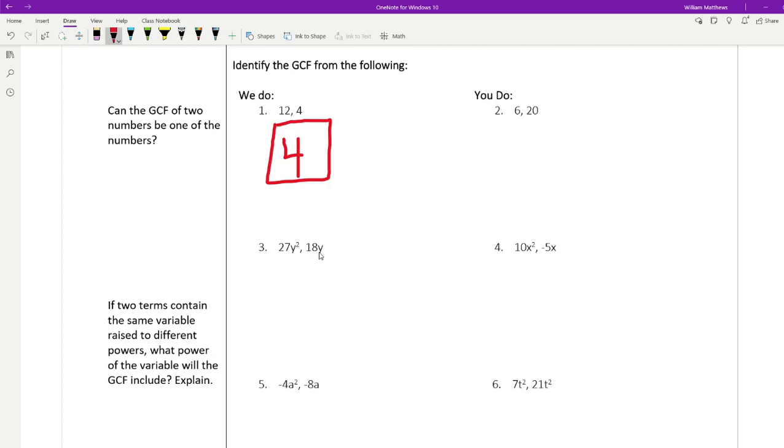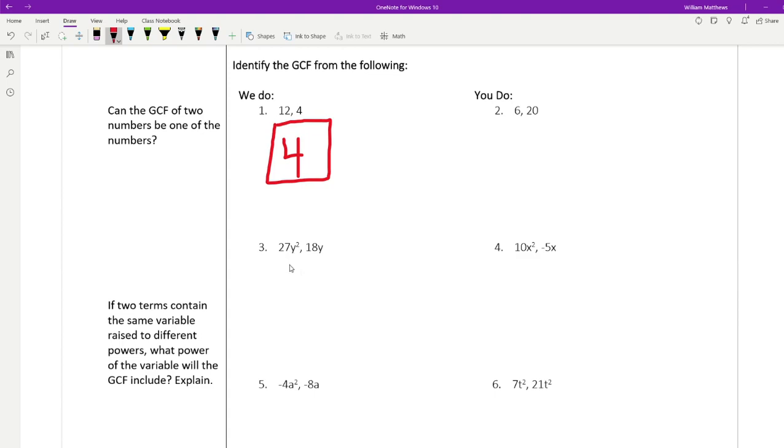Each term has at least one y in it. So if I were to look at this, I could see that this is 27y times y. And now I can see that they both have a y that I could factor out.